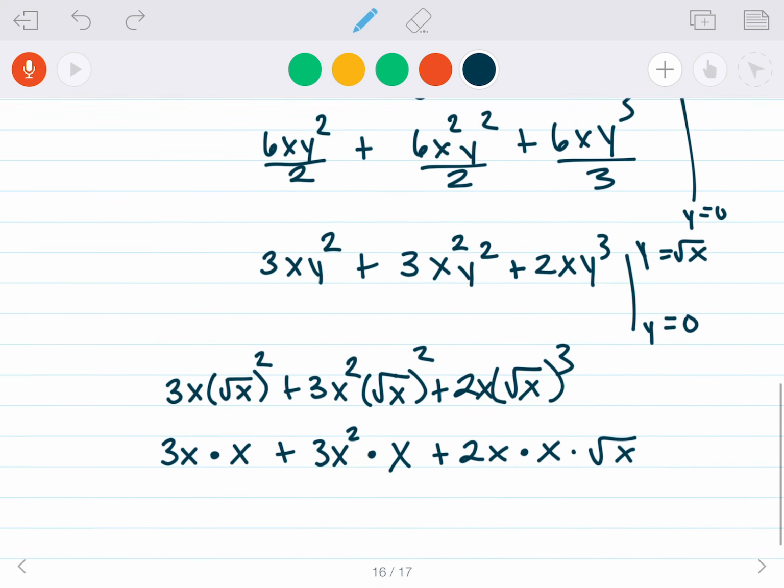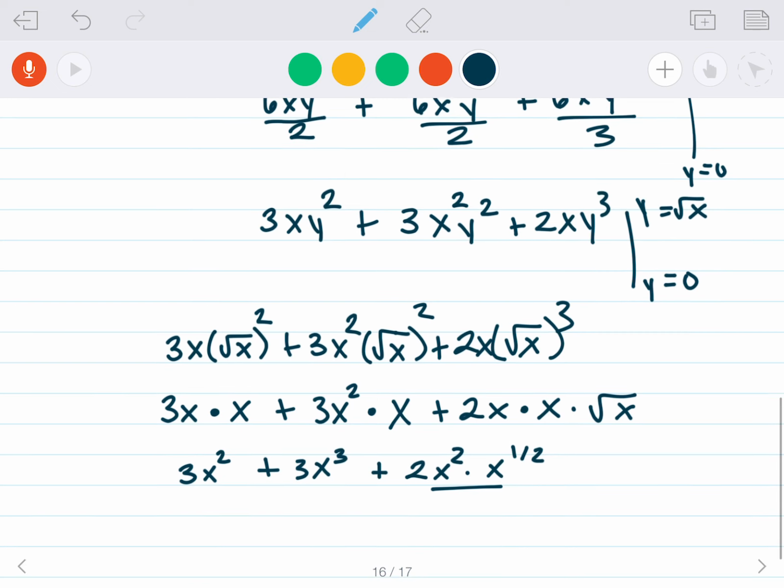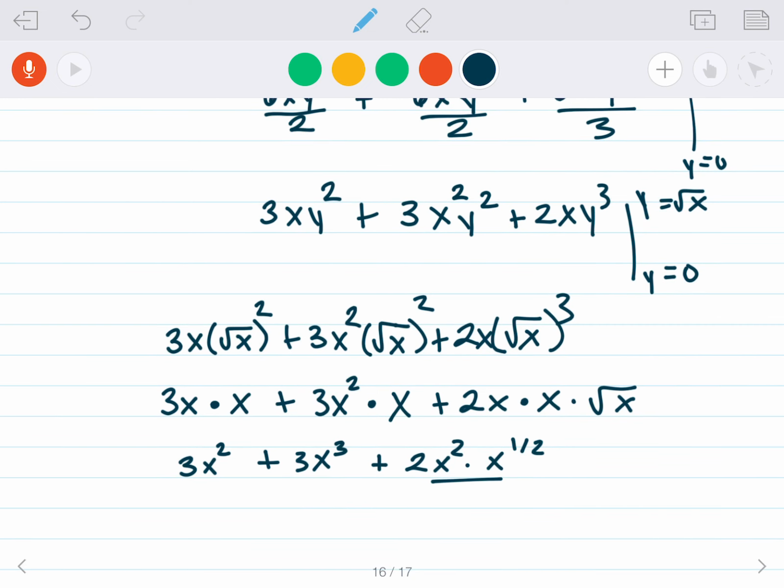All right, so this is 3x squared plus 3x cubed plus 2x squared times x to the 1/2. That's radical x is x to the 1/2. So using the power rule, I can keep this x and add the exponents. So this is just 2x, so 2 plus 1/2. Well, 2 is 4 halves, so 4 halves plus 1/2 is 5 halves. So that becomes 2x to the 5 halves.